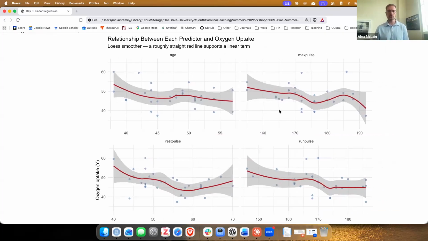What I want to use this for is to take a look at the data and see what relationships we could possibly use here. So here we have the relationship between age and our outcome, VO2 max, on the y-axis. It's a relatively linear association, and it appears that older age is associated with a lower VO2 max, which is what we thought it would be.